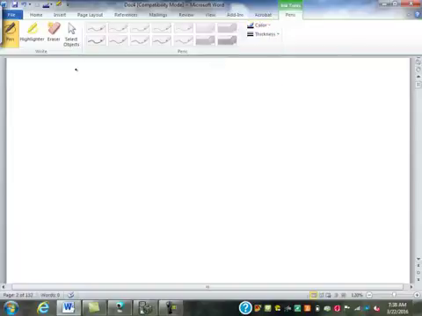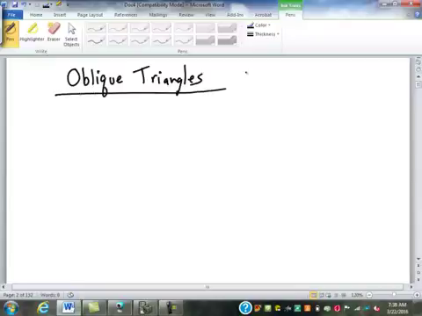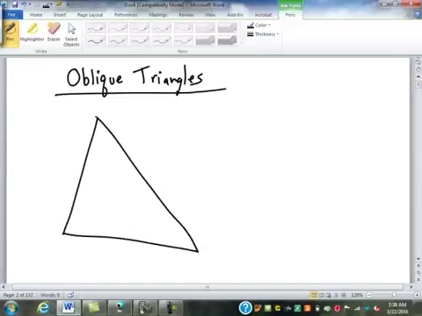Because today we're going to start looking at oblique triangles. Oblique triangles just mean they're triangles without any special relationship. In other words, they are not right triangles. No right angles whatsoever.